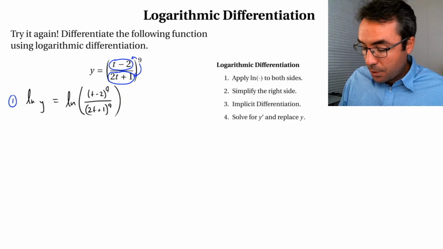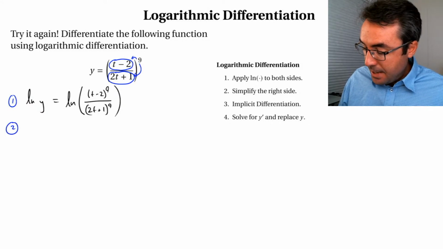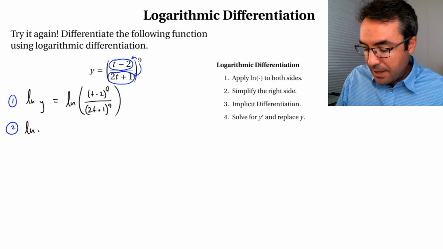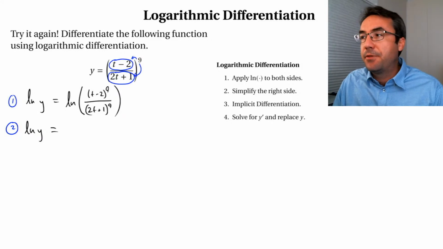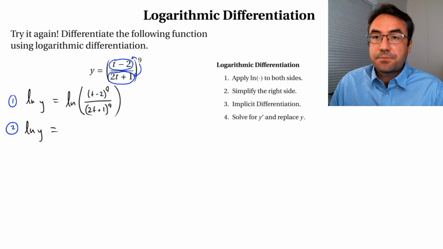Now in step 2, we're going to simplify, and there's nothing really to simplify on the left there. All of the action is going to happen on the right. So let's use our log rules.